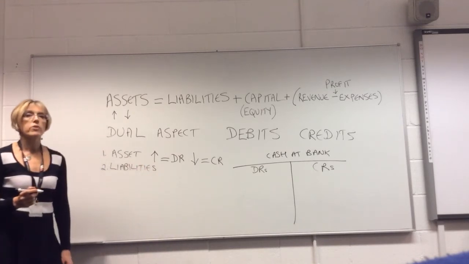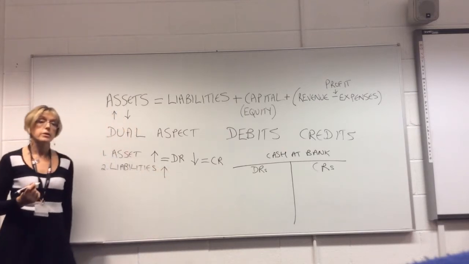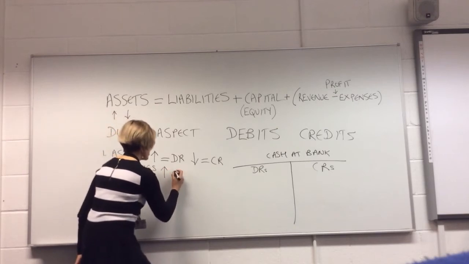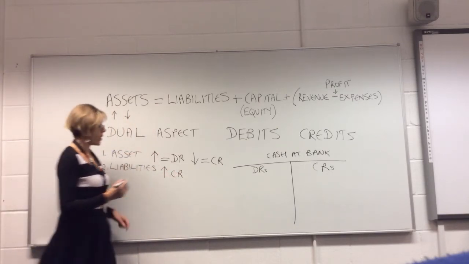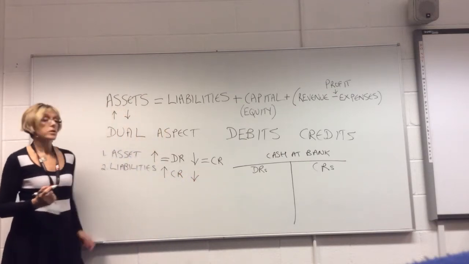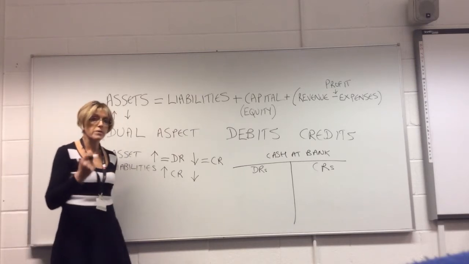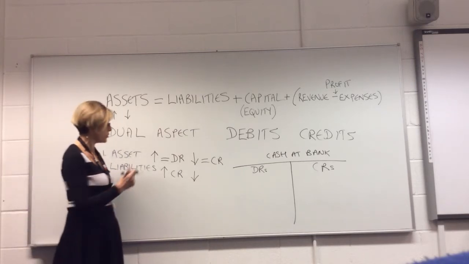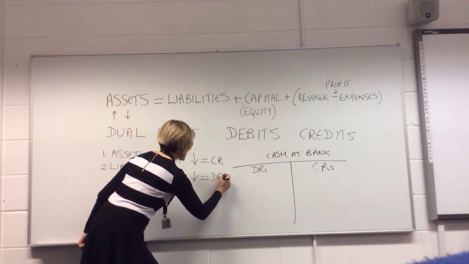It's the opposite way round. An increase in a liability account is a credit, an entry on the right-hand side, whereas a decrease in a liability, because maybe we paid off a bank loan, or paid off some money to suppliers that we owe, a decrease in liabilities is a debit.